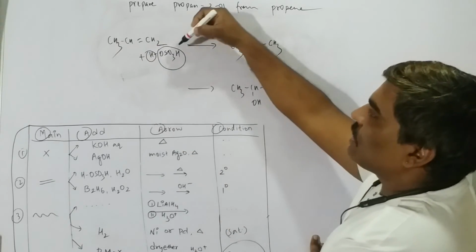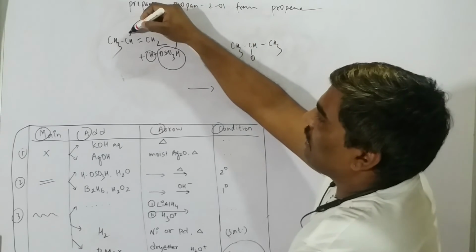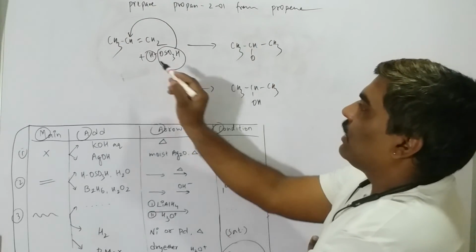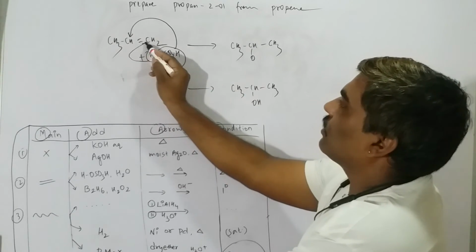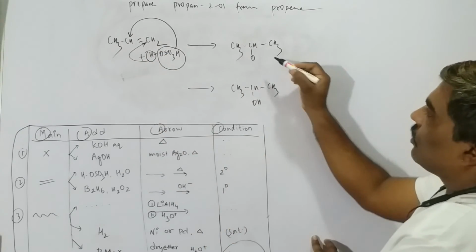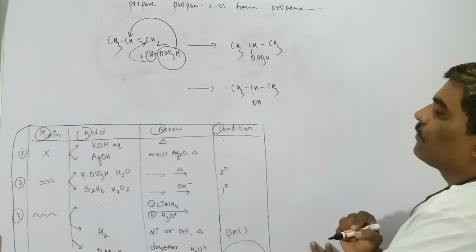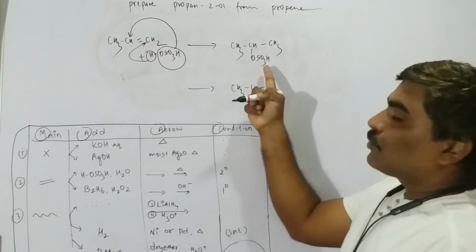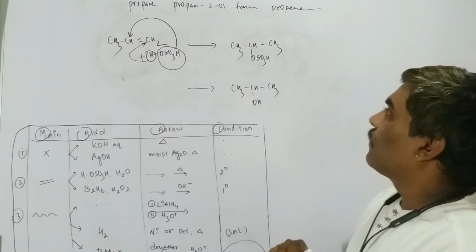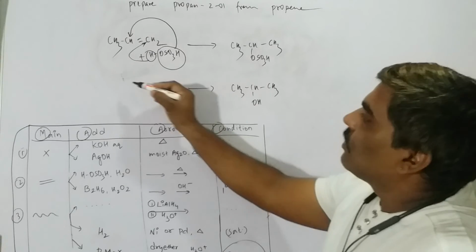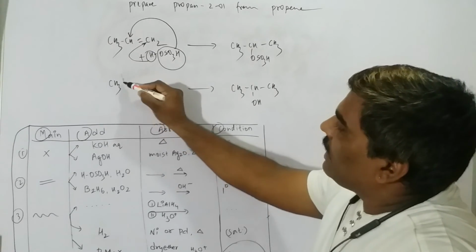So the negative goes to the carbon containing less number of hydrogens, and this hydrogen gets attached here. So OSO3H, isopropyl hydrogen sulfate. So that intermediate I'll write here.